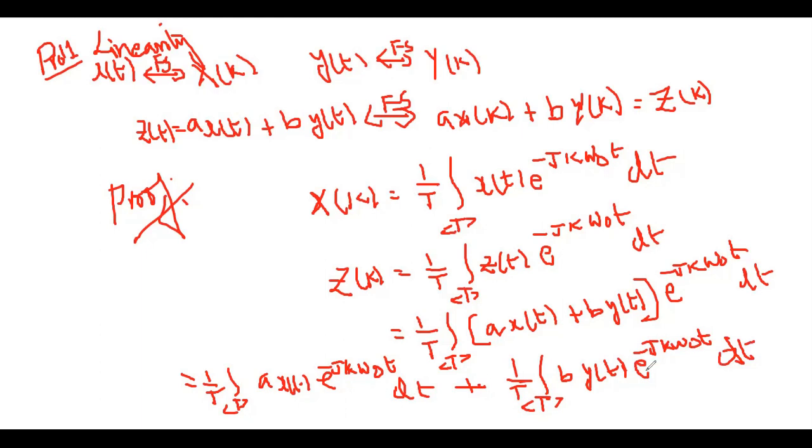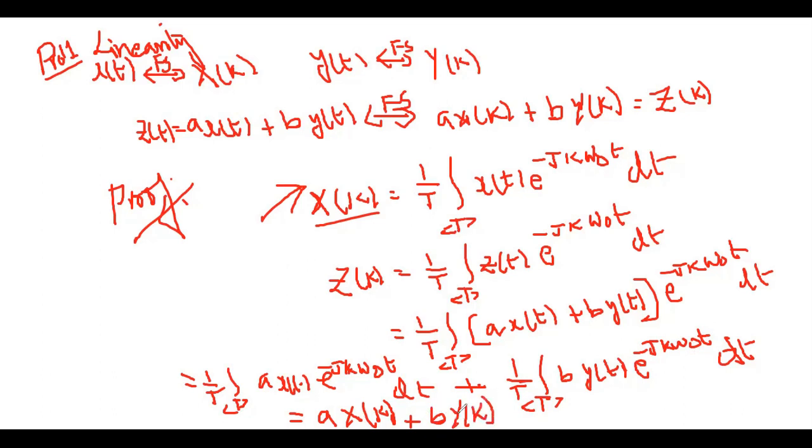Now observe the two terms. 1 by T times the integral of x of t e power minus jk omega naught t dt is nothing but x of k, and with the constant, a into x of k, as per the definition of the analysis equation of the exponential Fourier series. Similarly, 1 by T times the integral of y of t e power minus jk omega naught t dt is y of k, with the constant b, so b into y of k.